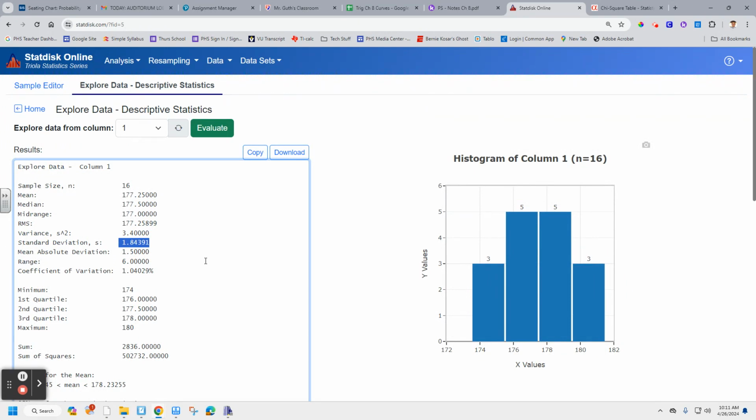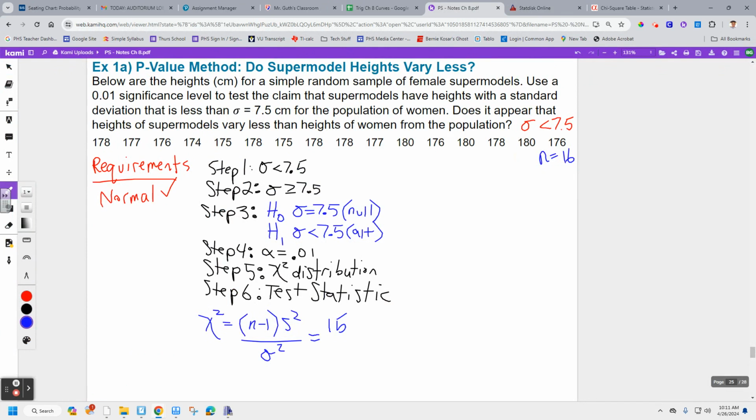So again, I think StatDisk is maybe easier to use, just easier to type those numbers in, 1.84391. That's s. That's your standard deviation. Your population standard deviation is 7.5. That was the number that they gave us right there.